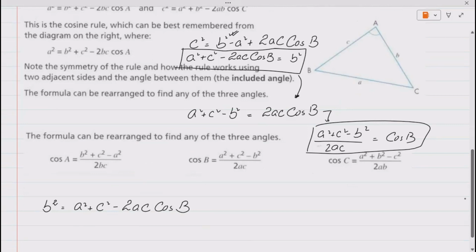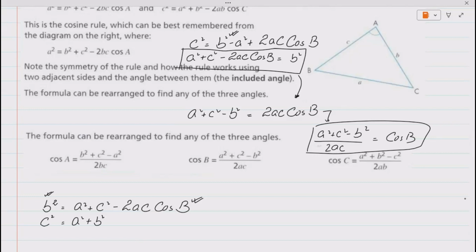Okay, so here is the pattern: if there is b on the left hand side, it means on the right hand side we have the angle of the same thing. So the b angle is capital B, and we have a square plus c square minus 2ac cos B. Like if we want to find c square, in c square we have a square plus b square, right?